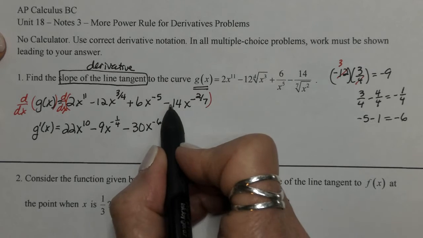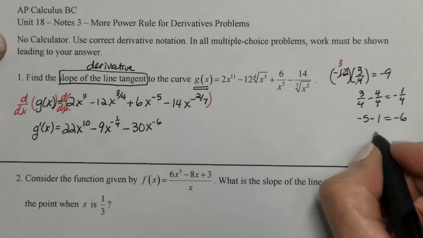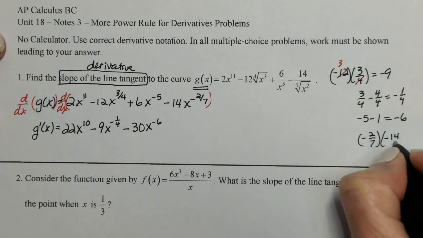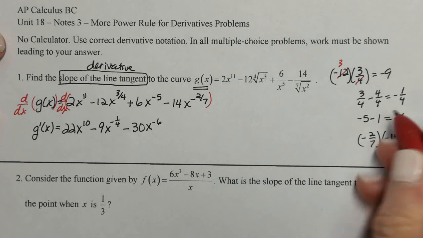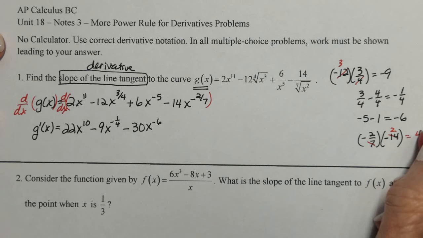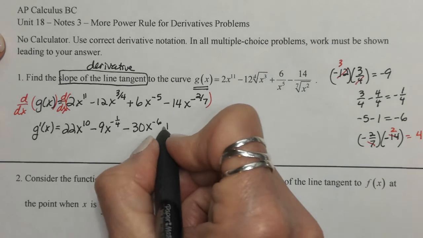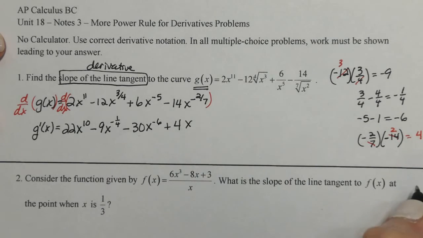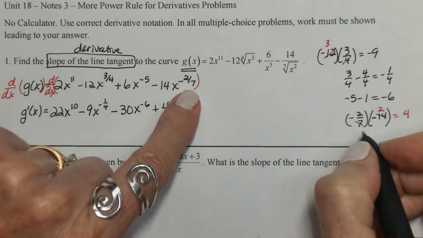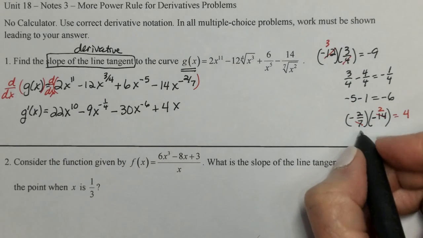Okay, negative 2/7 times negative 14. It's going to be a positive. 7 goes into 14 twice, so this is going to be a positive 4. So plus 4 x to the, okay, we are reducing negative 2/7 by 1.